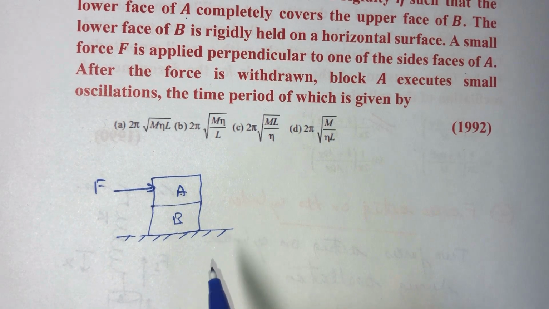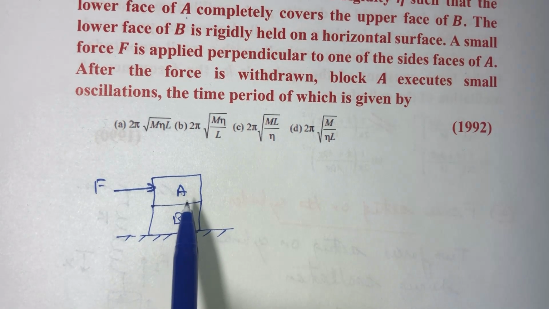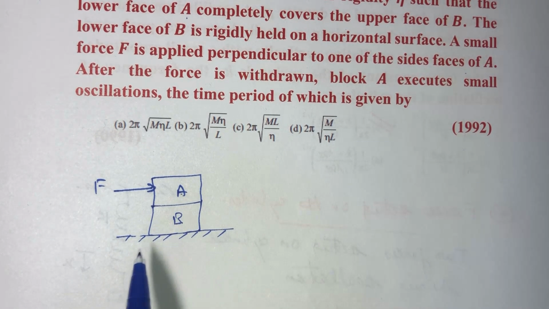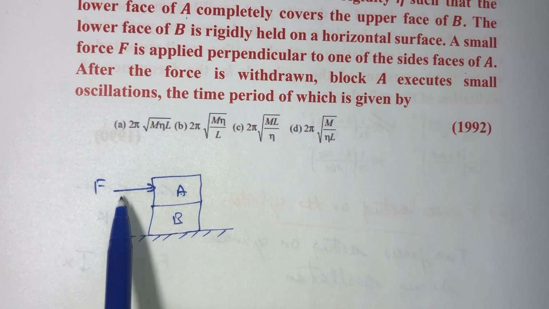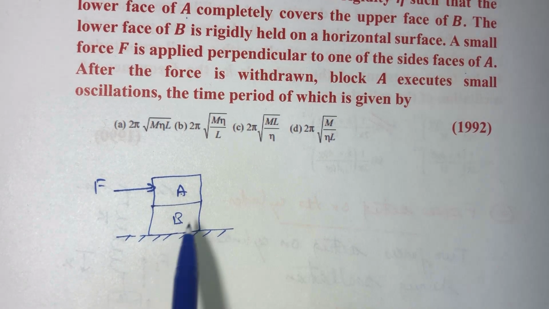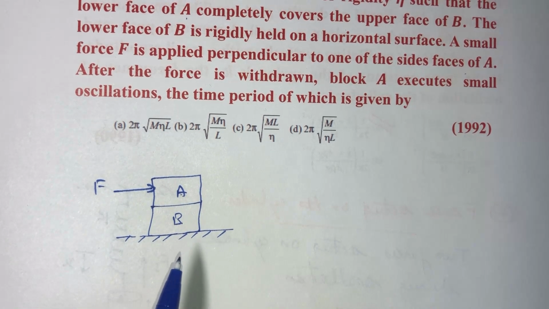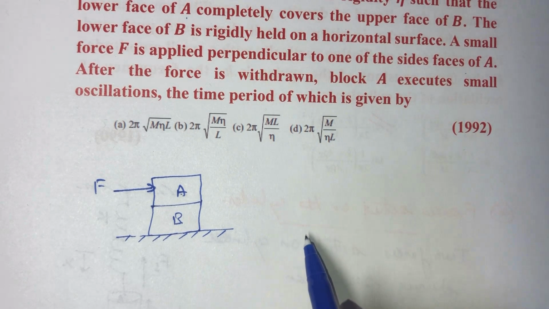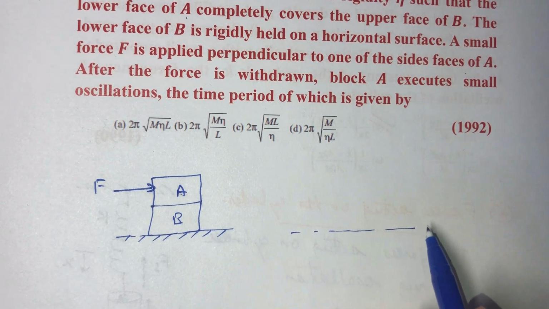Now because of this force, block A will not change its shape because it is highly rigid, whereas because of this force F there will be shear stress, or rather shear force, acting on block B, because of which it is going to be deformed and the new shape will come something like this.